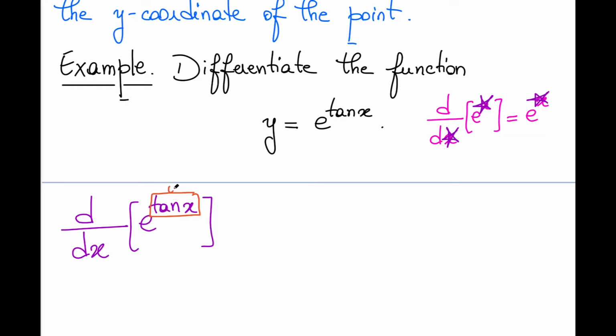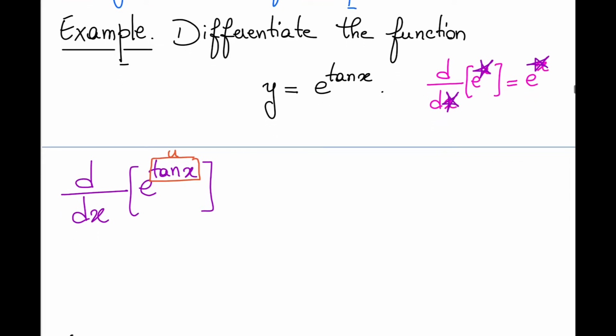How about u for the name of that function? Okay, so I'm differentiating with respect to x a function that's a function of u, which in turn is a function of x, right?